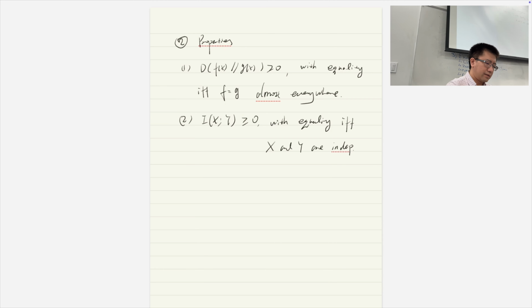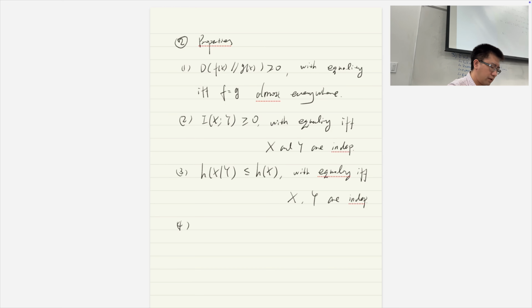Okay, very good. And the third thing is that we still have that conditioning reduces entropy, so the differential entropy of x given y will be less than or equal to hx. The proof, of course, is the same as before, with equality again if and only if x and y are independent. So far everything's the same.